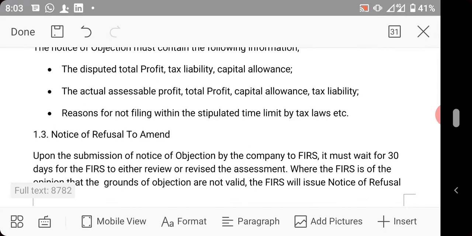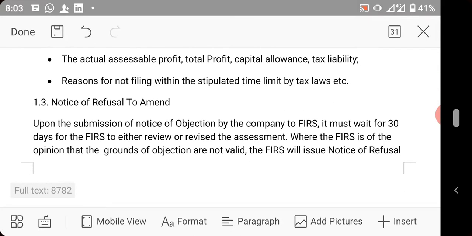Now, the next thing we're going to discuss is notice of refusal to amend. When you file your objection, the revenue will look at this objection, and if they find it convincing, what they will do is request necessary documents supporting your claims in the objection.